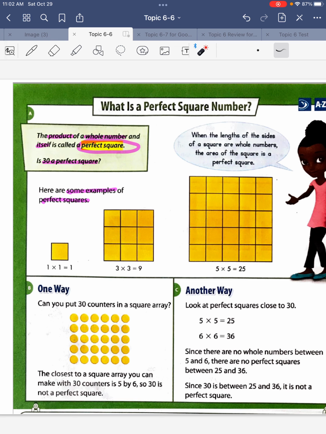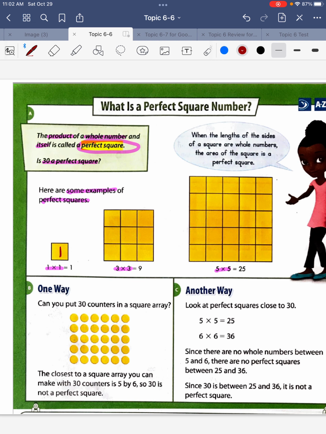We already talked about how 1 is a perfect square, 9 is a perfect square, 25 is a perfect square. You know it's a perfect square if it has the same factors, 1 and 1, 3 and 3, 5 and 5.